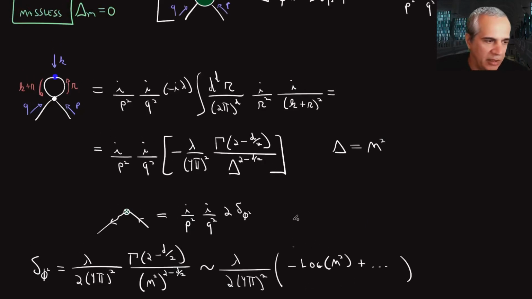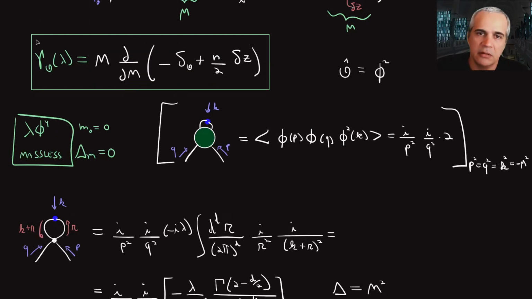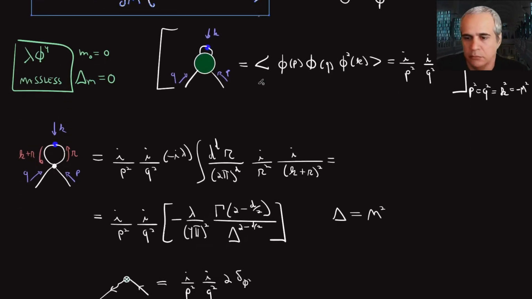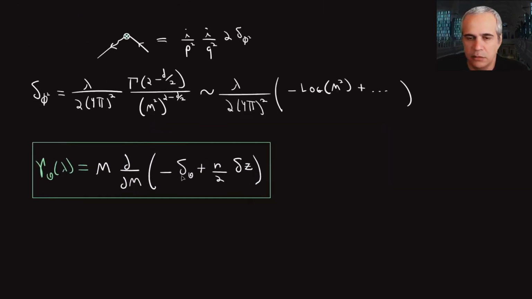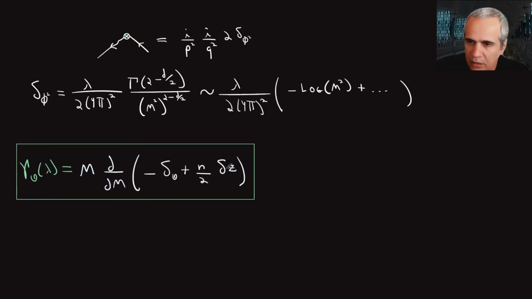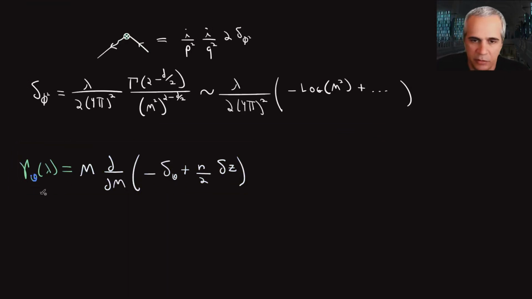So if I copy that formula, this one, and use it here. Now I'm talking about the operator specifically, which is my phi 2, so here I put phi 2. Delta z is 0 at leading order for lambda phi 4. We have seen this more than once already. So I just have to take the derivative of this, and that's pretty easy.